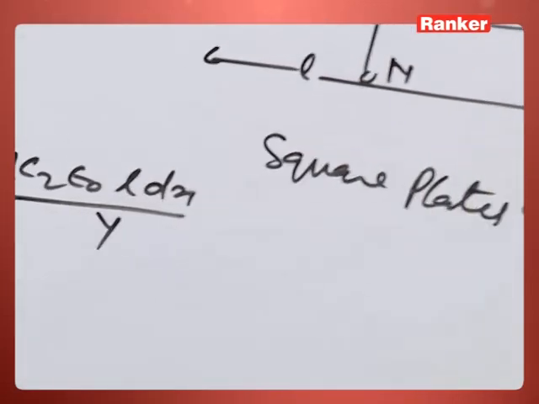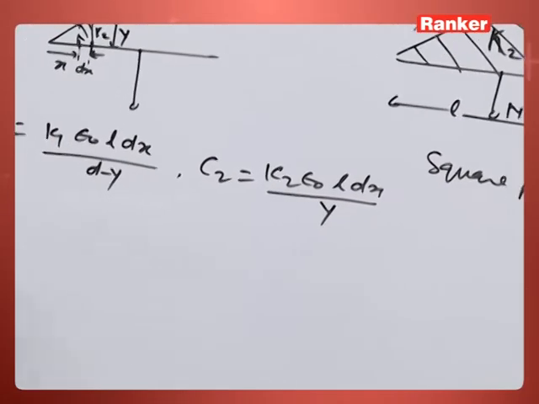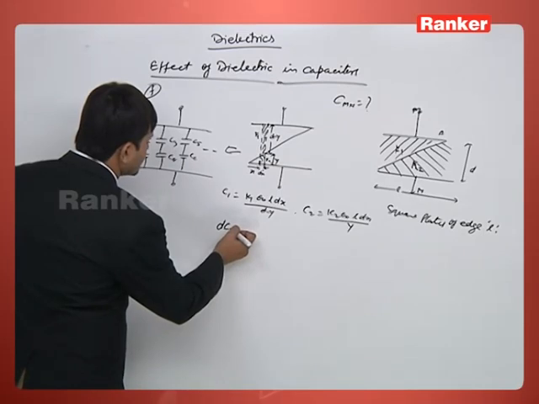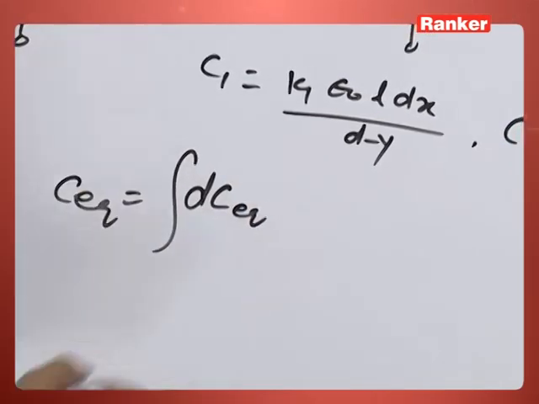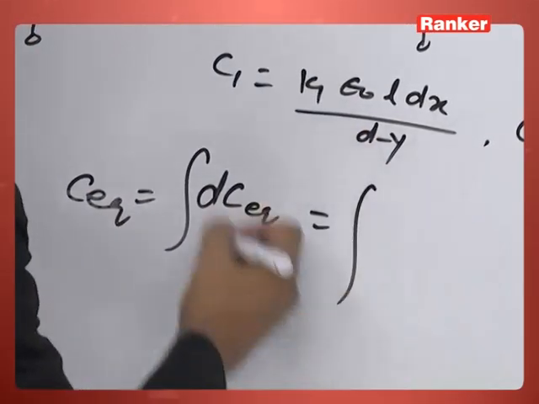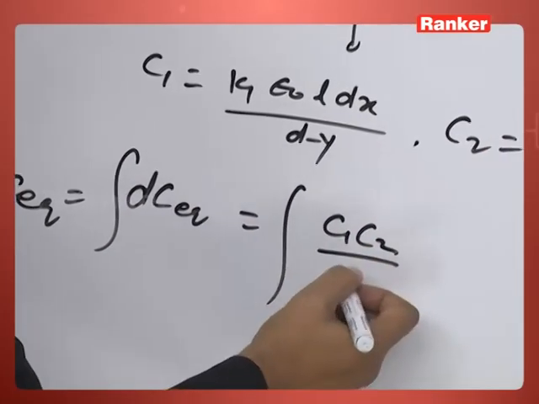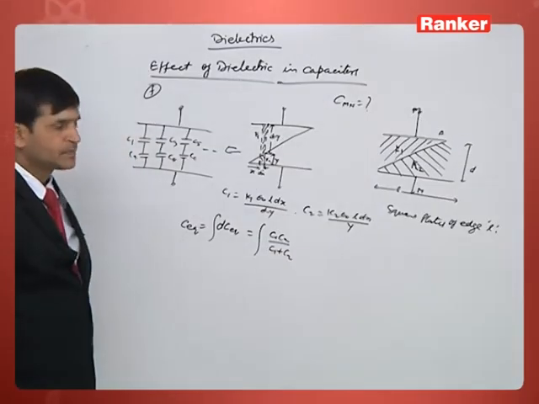This is C1, C2, and these two are in series, and this is the part. So we can say dC equivalent is the integration of C1 C2 by C1 plus C2, because these two are in series.